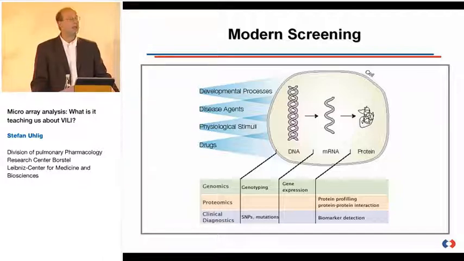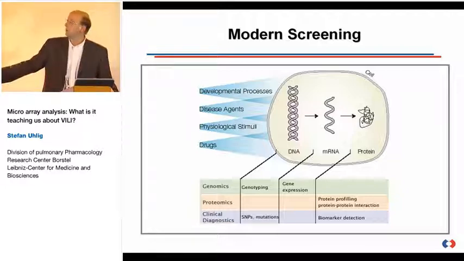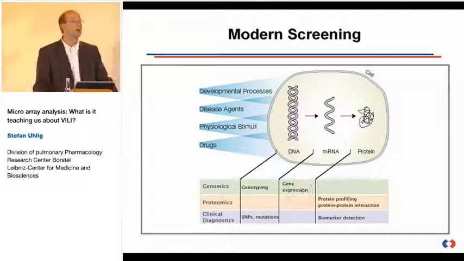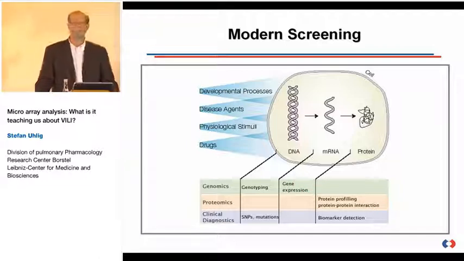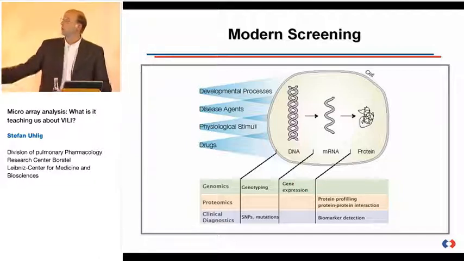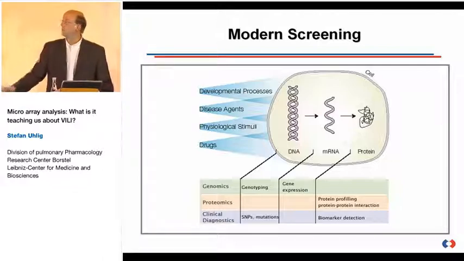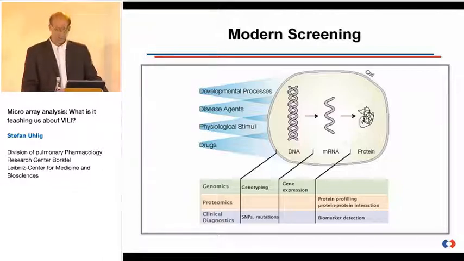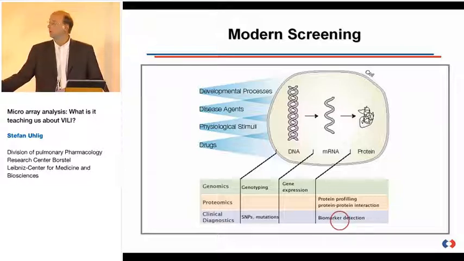At the RNA level, and that's what microarrays are used for and what I will be talking about today, we have the gene expression arrays, which is another word for microarrays. And then, of course, at the protein level, we have the proteomics. We have protein profiling, as it's called here, and also biomarker detection. So what I will be talking about today is this area of gene expression study.